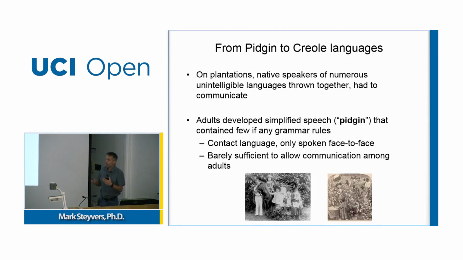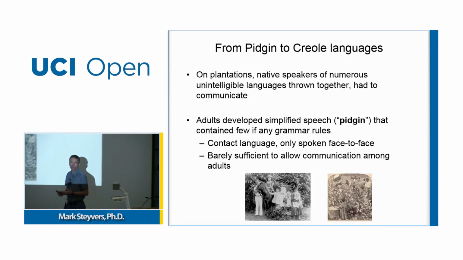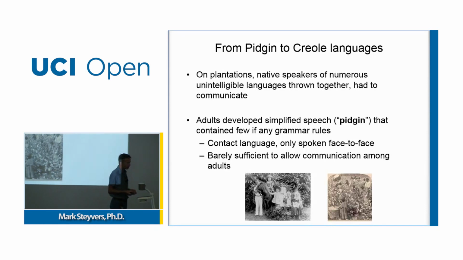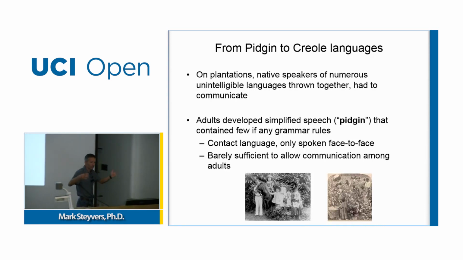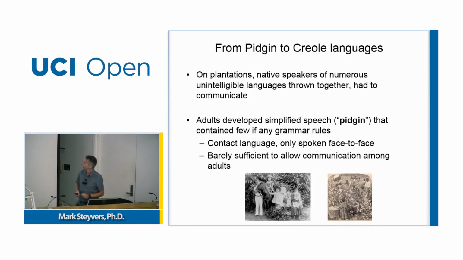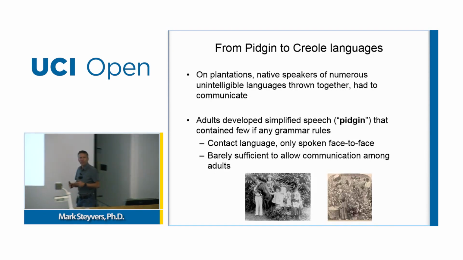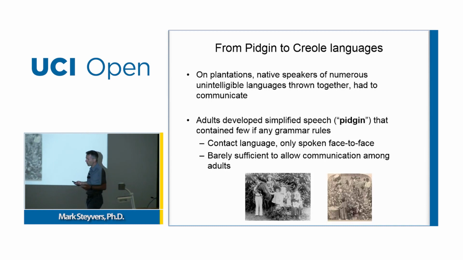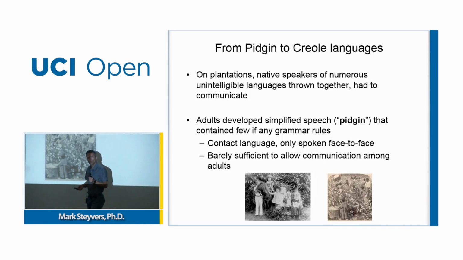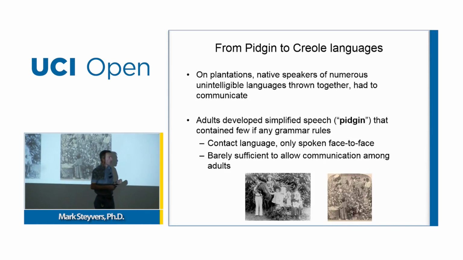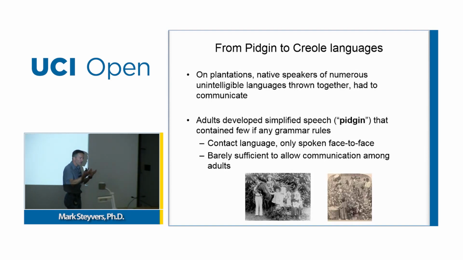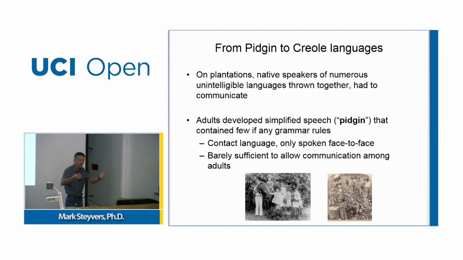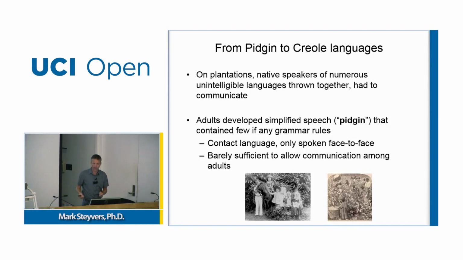The slave owners did this on purpose to prevent the slaves from communicating effectively with each other in order to escape. But as a result, there was a problem of communication, and the adults formed a pidgin language. This is a contact language, mostly a face-to-face spoken language that has almost no grammar. So the adults basically are figuring out words to refer to objects, but there's very little syntax.